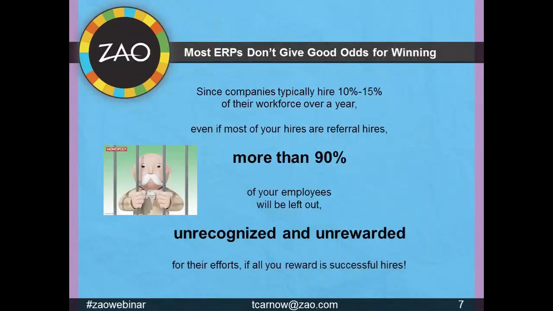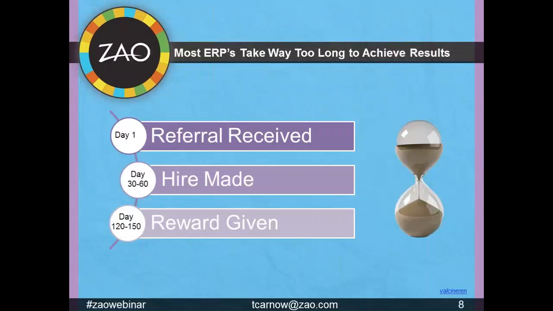In addition, the reward is typically given too far out. Usually, referral rewards are given 3 months after a candidate starts, and we've heard worse cases. That means it can take anywhere between 120 to 150 days between the time an employee refers a friend and the point they get their reward. Nothing kills engagement more than lack of feedback, if you feel that your referrals are going into a black hole.